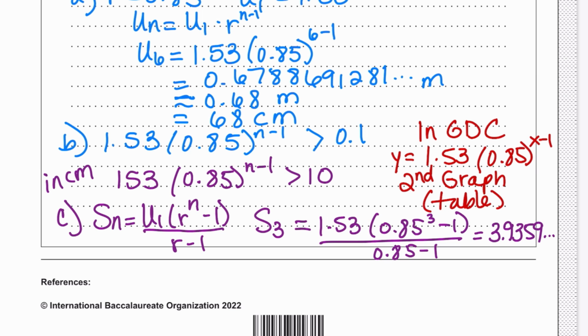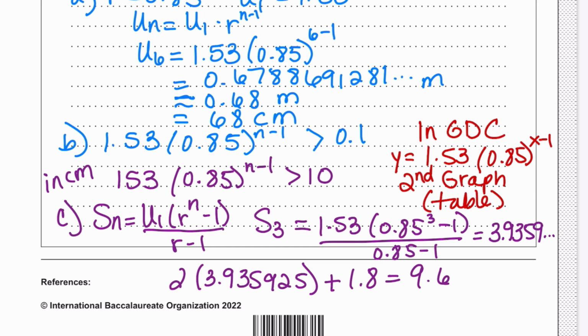Then from there, I multiply 2 times 3.935925 and add it to the 1.8, so that I can get my final answer of 9.67185, which is approximately 9.67 meters. And that's my final answer, and that's the last question of the exam.